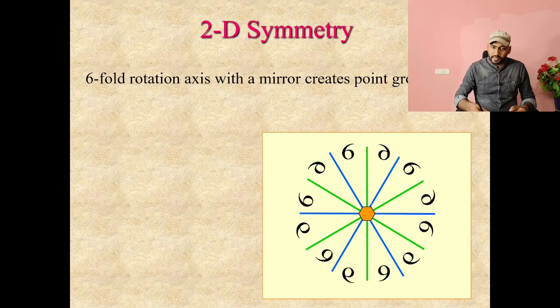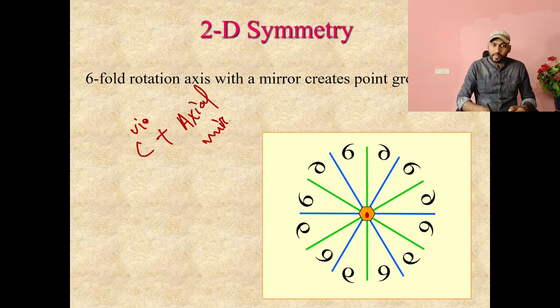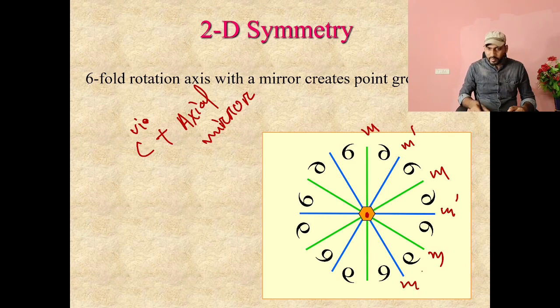We started with one sixfold rotation axis, which is the C axis. And we started with an axial mirror plane. One mirror we started with, then it is repeated thrice. We started here, then it repeated here, then here. So 3 mirror planes we have. Then we saw another mirror plane is also there, like here. Let's say M dash, M dash, and M dash.